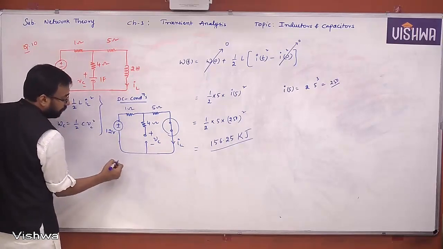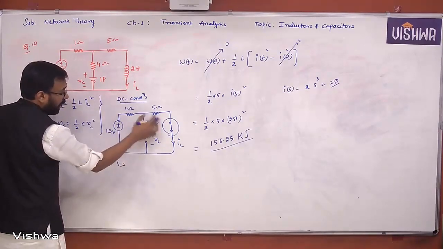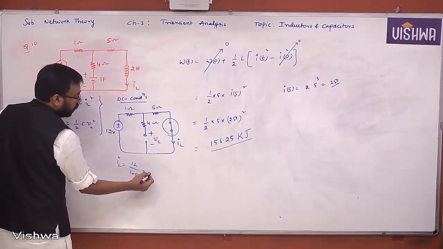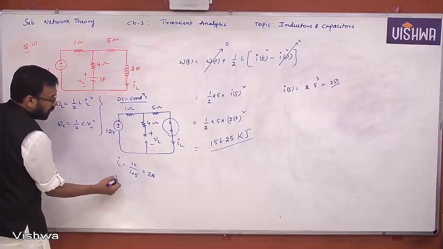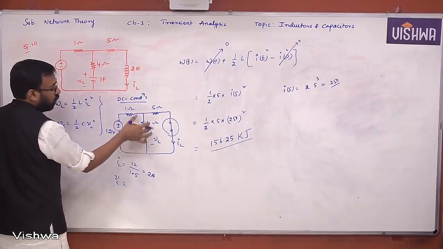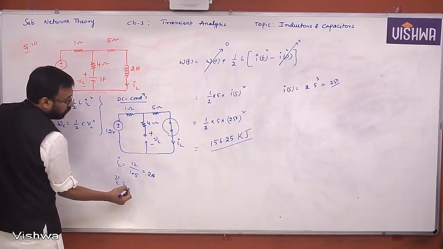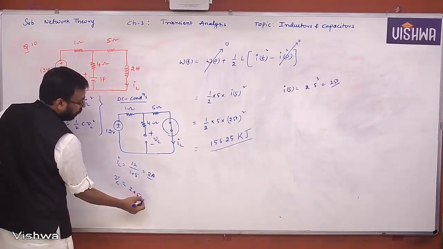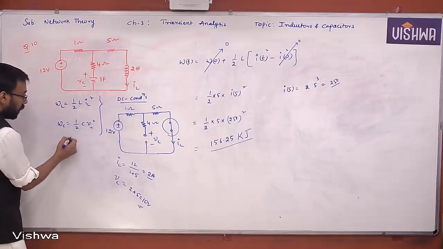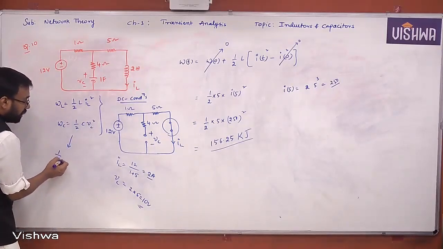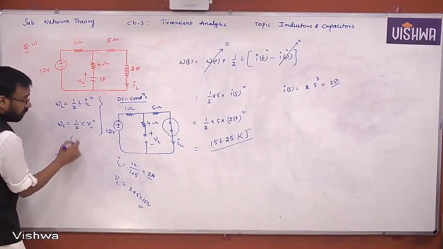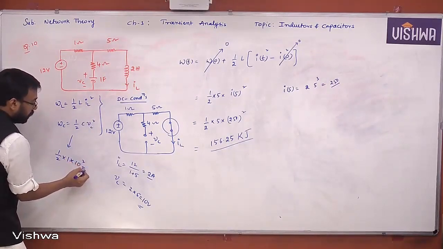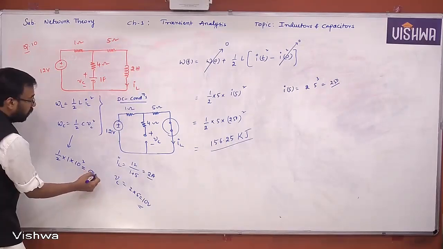Now you tell me what is IL. Since it is open directly, 12 by 1 plus 5, that is 6, so 2 amperes. Now what is VC? The voltage is nothing but the voltage across the 5 ohm only. Yes or no? So the voltage across 5 ohm is 2 ampere into 5, 10 volts. Now half C VC square. What is C? 1 farad. What is VC? 10 square. So 100 by 2, 50 joule.